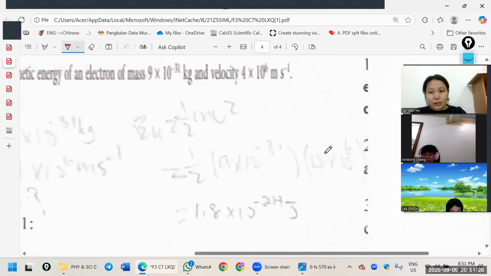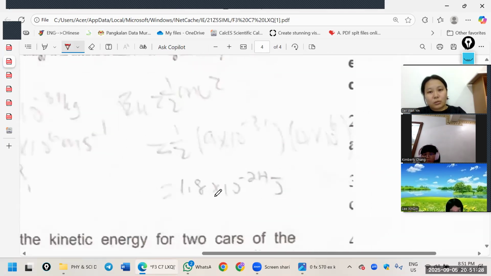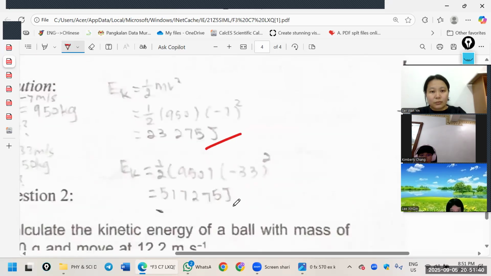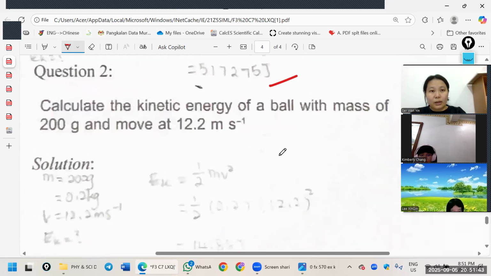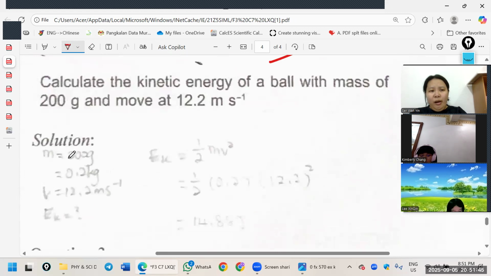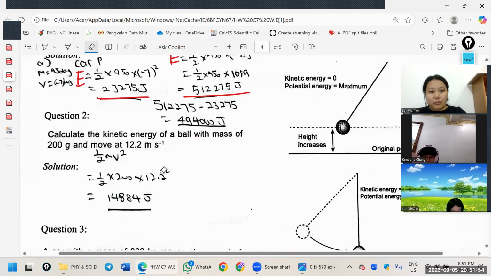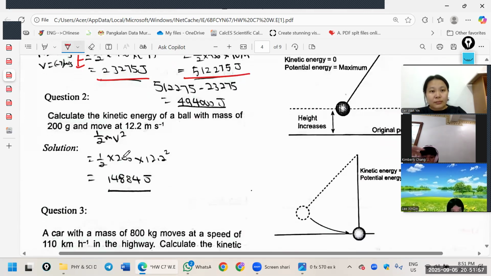By the way, you forgot square, you recalculated, got 7.2? Good, okay. Yeah, this one also, let's change to kg. So half mv squared. 14.88. Oh, see, this one forgot.